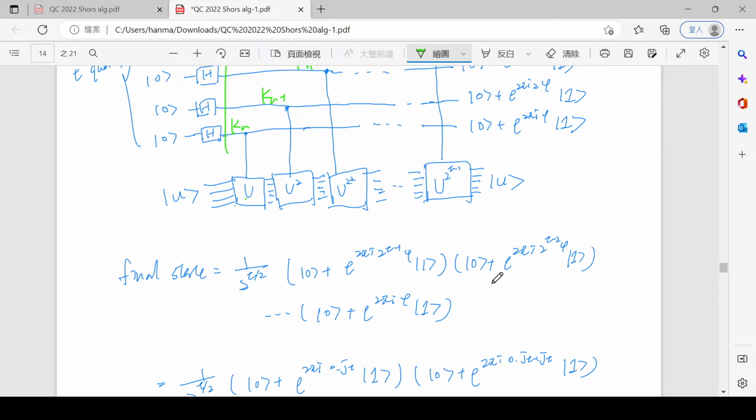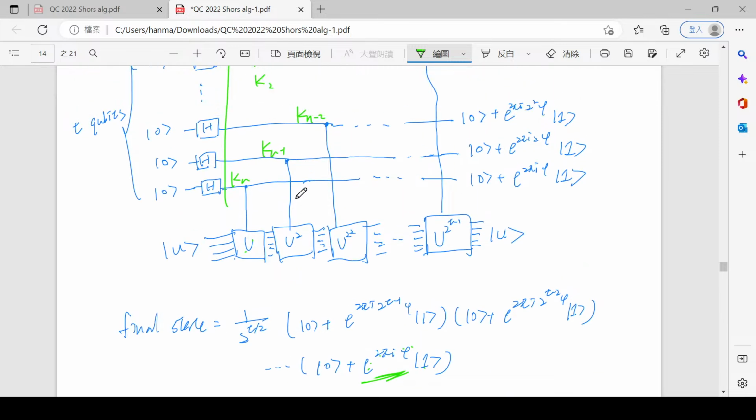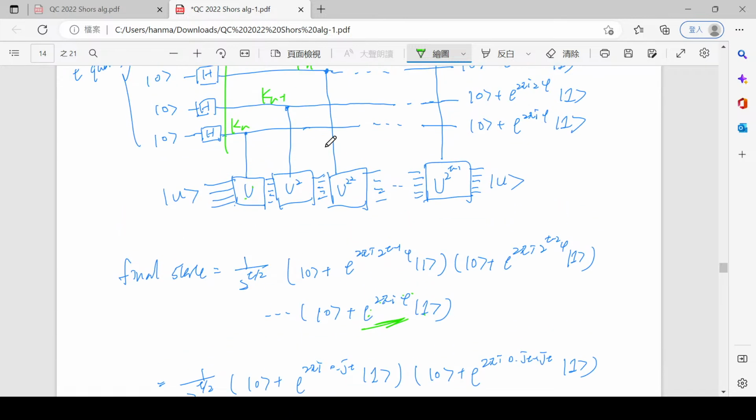So on the last bit, we will have this e to the 2 pi i 5 phase kickback as expected. Because the last bit is 1, then you apply this U on the eigenstate, and you will get this e to the 2 pi i 5. Etc. And I should say the second last bit.